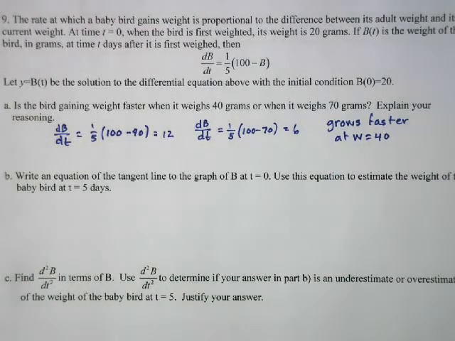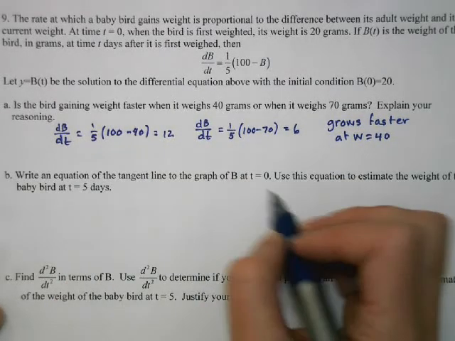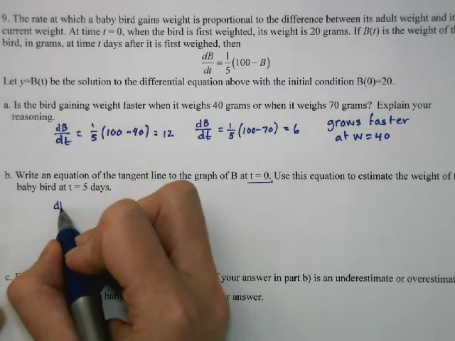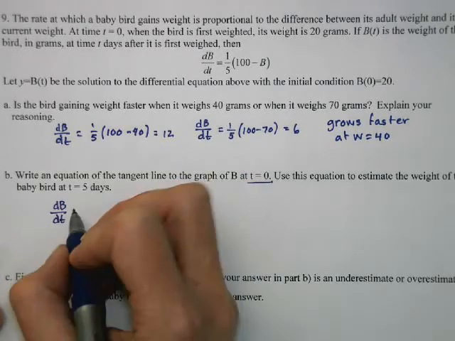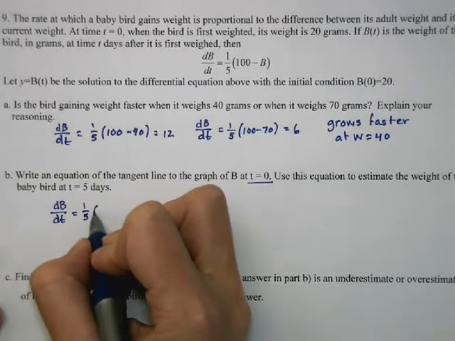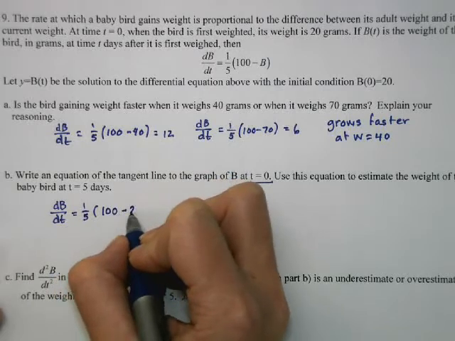Write an equation of the tangent line to the graph of b at t equals 0. Use this equation to estimate the amount the baby weighs at t equals 5. All right. So at t equals 0, db/dt is 1/5 of 100 minus 20, because that's the weight at 0.